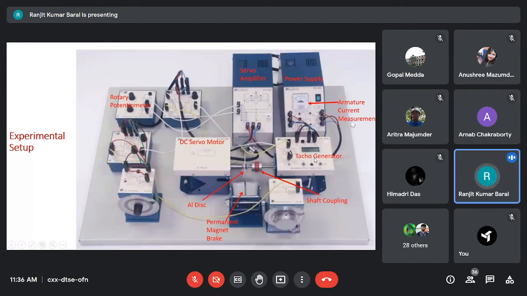We will use this tacho generator to sense the speed of the motor shaft, and we'll feed it back to the input side and compare it, and take the output from the comparator as an error signal and feed it to the PID controller. That PID controller will be applied to the servo amplifier, and the servo amplifier will feed the DC servo motor, and we will operate the system in closed loop.